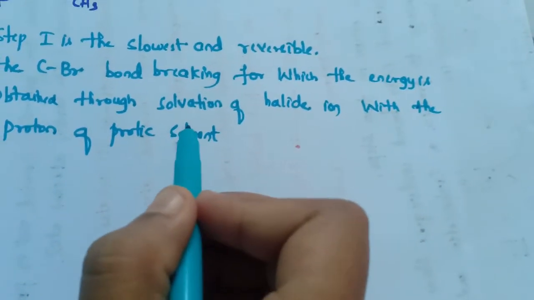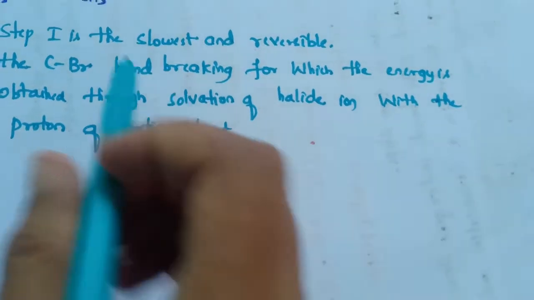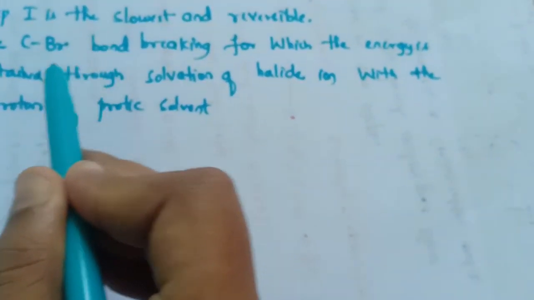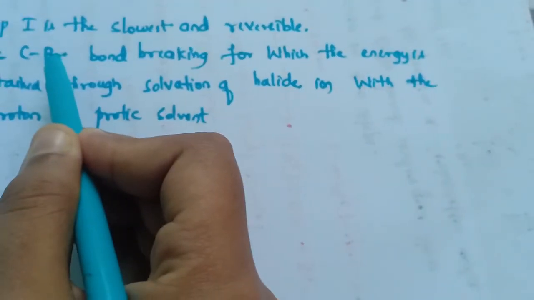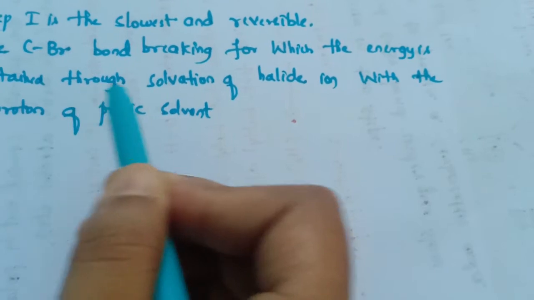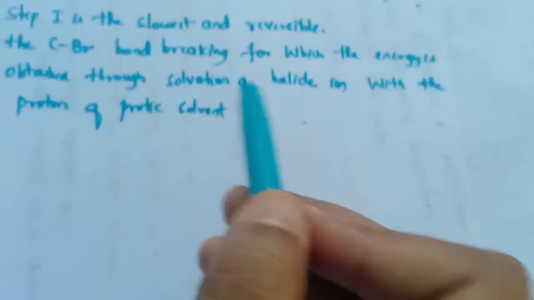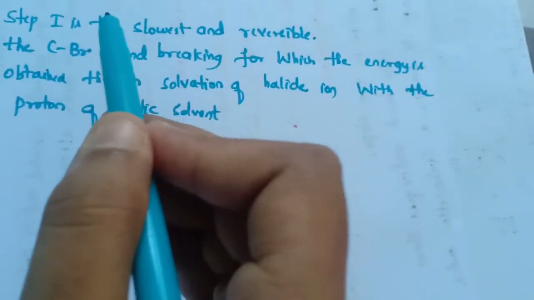I have already said that SN1 reactions are generally carried out in polar protic solvents. The C-Br bond breaking energy is obtained from the solvation of halide ions with the proton of protic solvents such as water, alcohol, etc. The energy for breaking is obtained from the polar protic solvents.